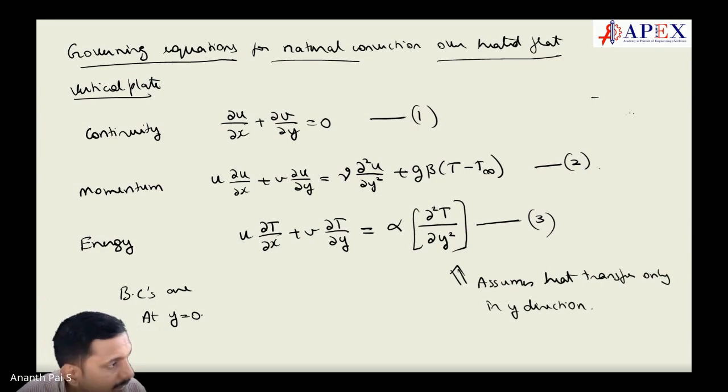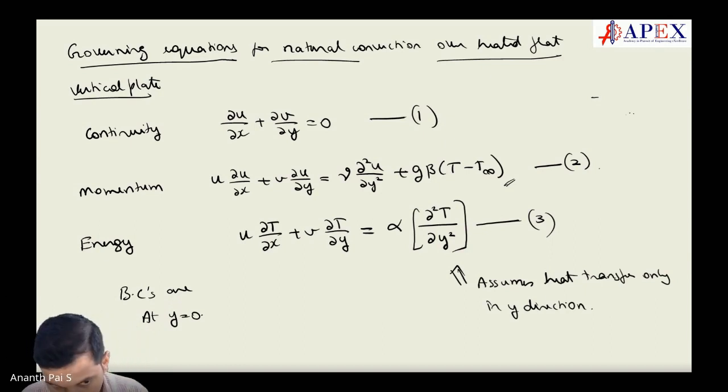This beta does not influence the heat transfer. What does it influence? It influences the movement of the material. When it is heated, its density gets reduced. And what is it causing? It causes motion. Correct. So that motion has to be in the momentum equation, not in the energy equation.